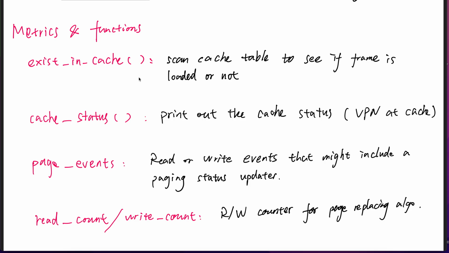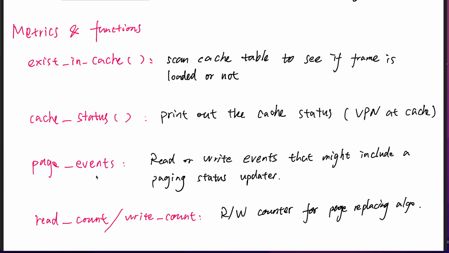Other than that, we should have the page events. So basically, when we evict or acquire a new chunk of memory, I want to log them, and it should be stored in a file. So we can see, for example, an acquire address number, and then evict an address number, then maybe replace.